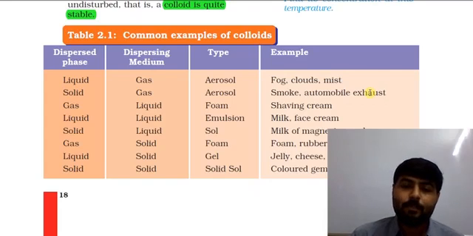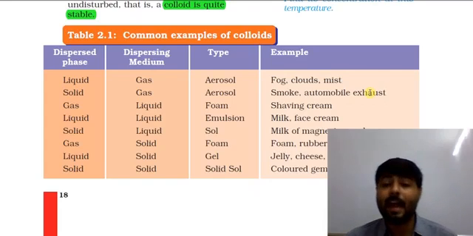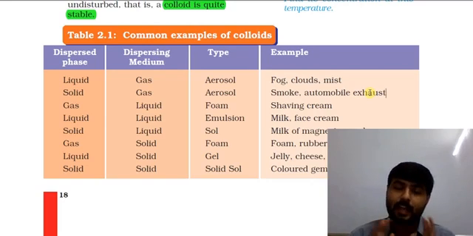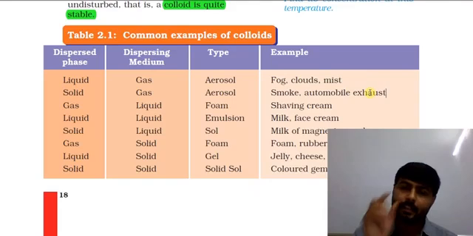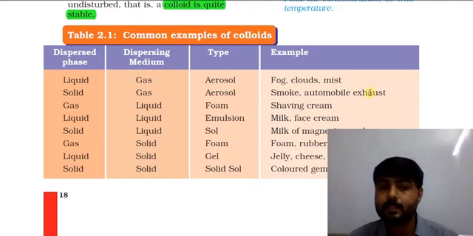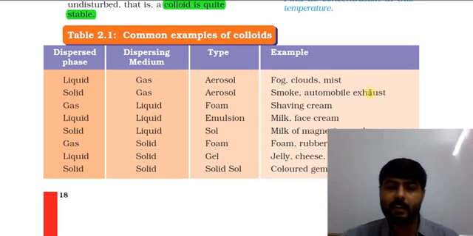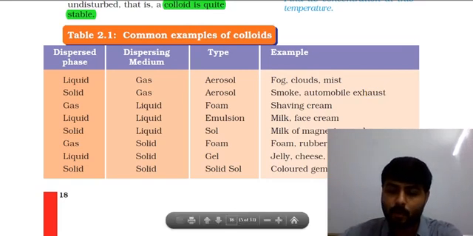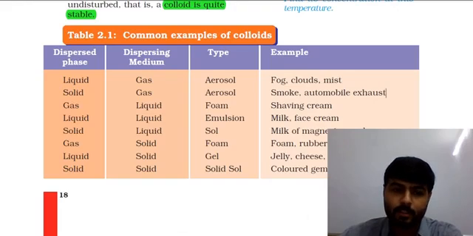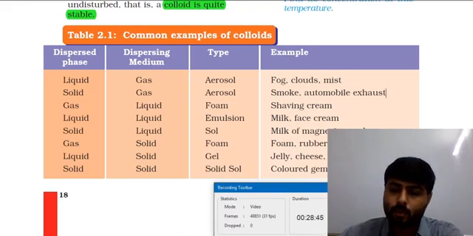That is a type of colloid called aerosol, in which solid particles are mixed in gas. The larger quantity is gas, so the dispersing medium is gas, and the smaller quantity is solid, so the dispersed phase is solid.